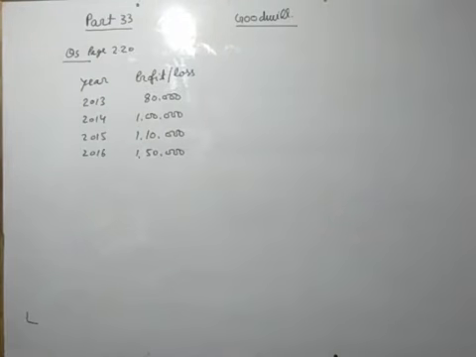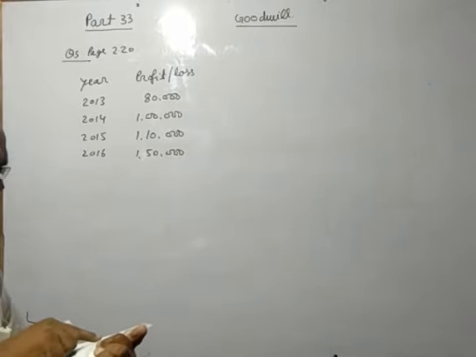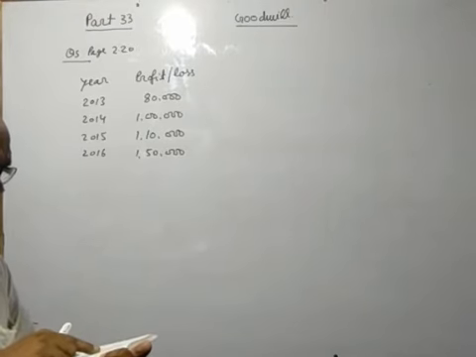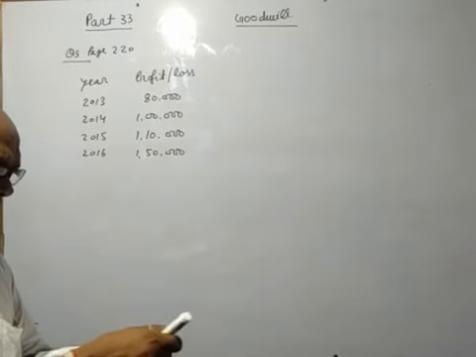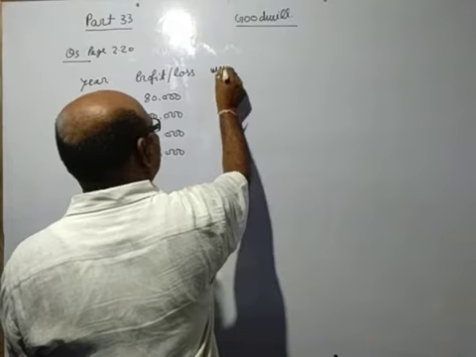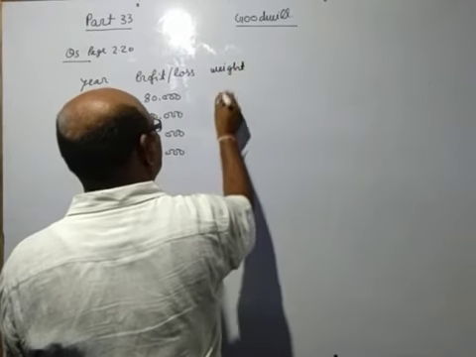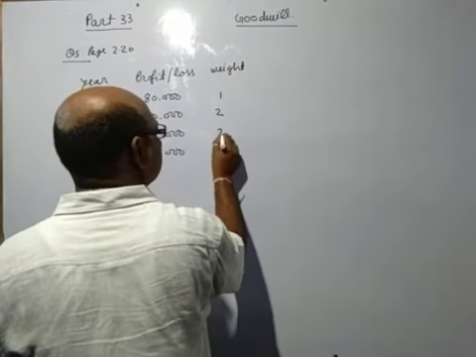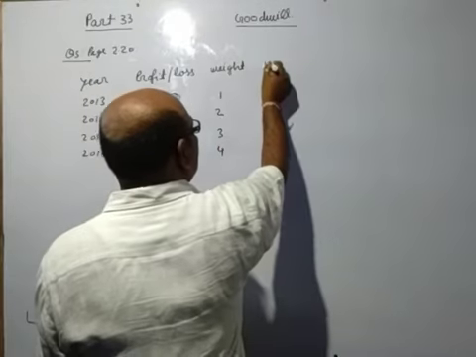Now, calculate the value of goodwill on the basis of 3-year purchase. So the number of purchase years is given as 3, and for the weighted average profit, the weights to be used are 1, 2, 3 and 4. So the weights are given: 1, 2, 3, 4.